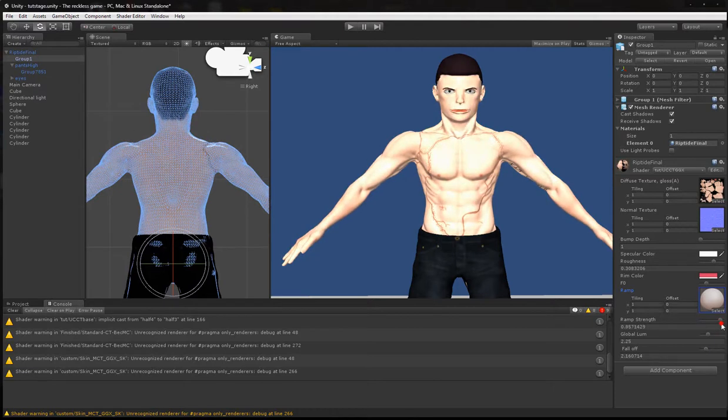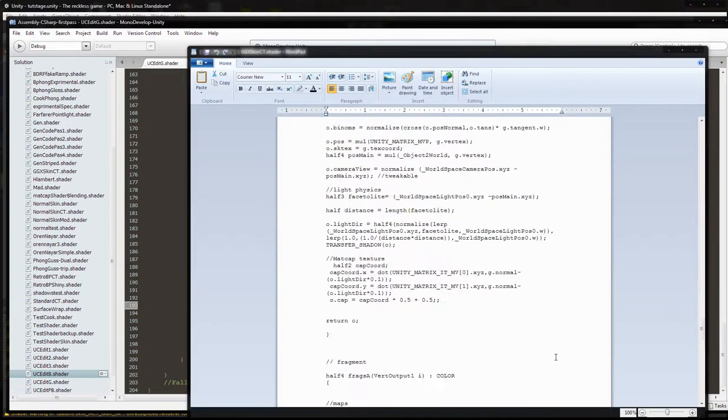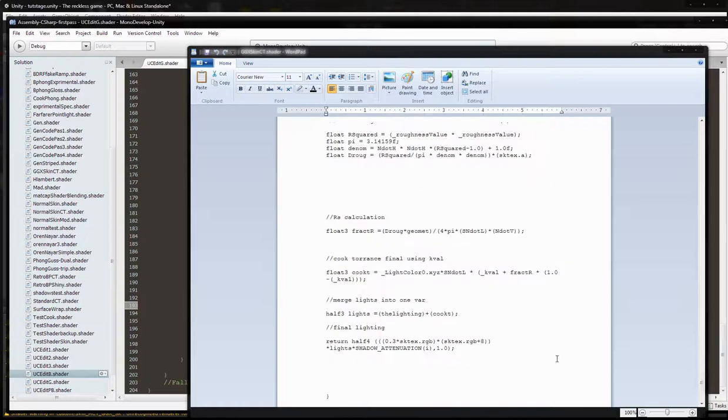It's kind of getting blown out, and I think that might be because I'm adding the Mad Cat ramp, which is making it brighter, but I did a multiplication or something else in my final shader.